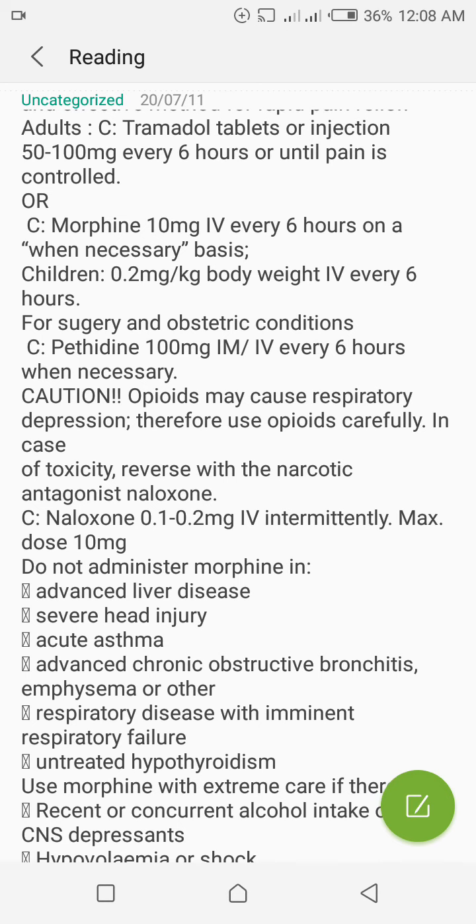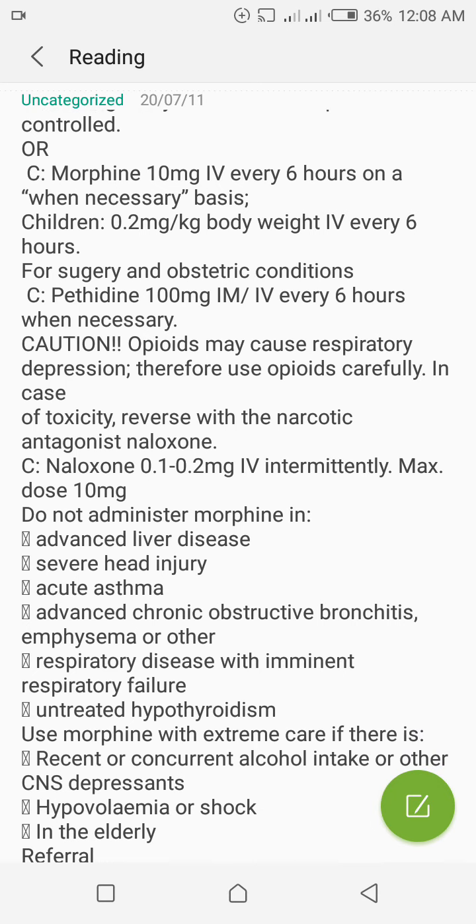If you're using opioids, which include morphine and tramadol, you simply have to know the caution of respiratory depression, and therefore use opioids carefully because of their toxicity. Naloxone can be used at 0.1 to 0.2 milligrams IV, maximally 10 milligrams.